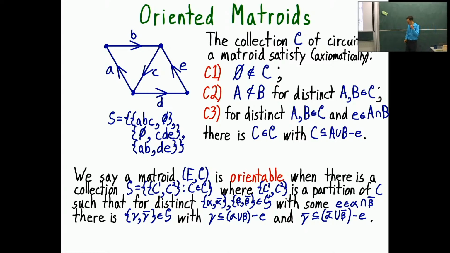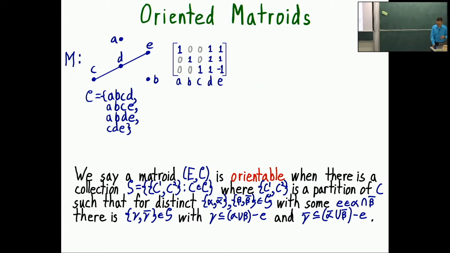And I've said that all real representable matroids are orientable. So now, I'm not going to completely prove it, but I'm going to at least show why this is true. So here is a real representable matroid. Its vectors are encoded in this matrix. And on the left, I have the affine representation of these elements.